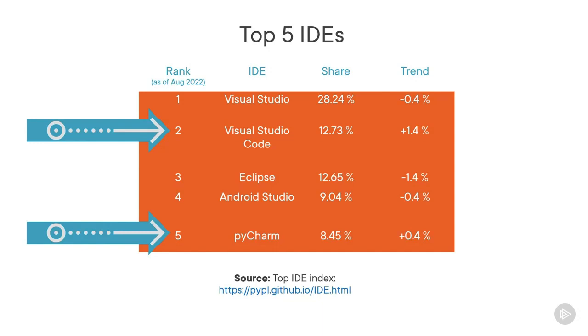PyCharm has very robust features and functionality for Python. So it's important to know this, and know what other developers and DevOps folks and sysadmins out there are selecting and what they're using as well. And to know that you're not alone, and also to know that there's wide support and wide adoption for the IDE that you might choose.